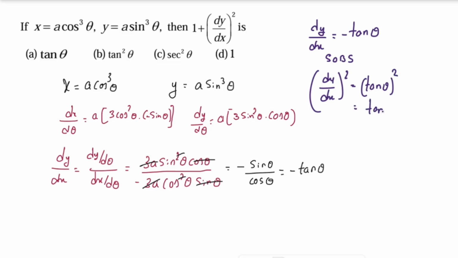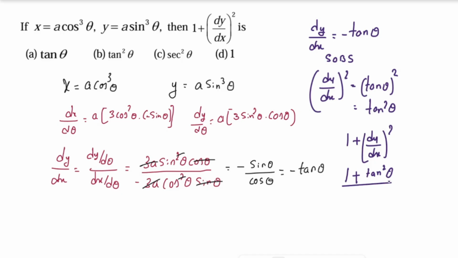Now let's see what 1 plus dy by dx the whole square becomes. In place of dy by dx the whole square, we have already got tan square theta, so 1 plus tan square theta.